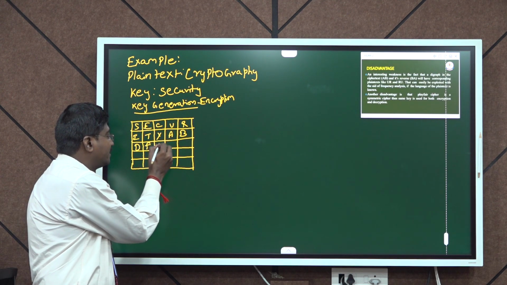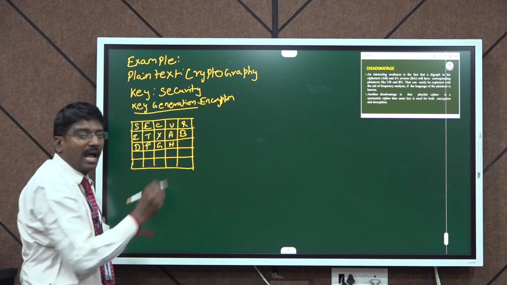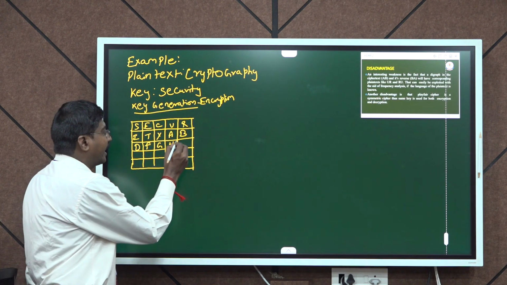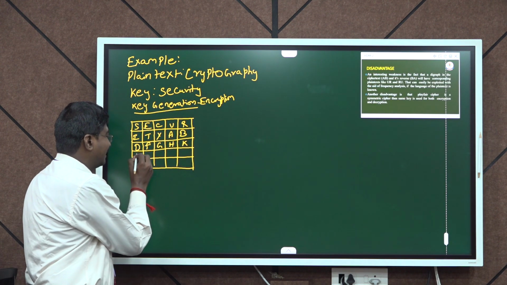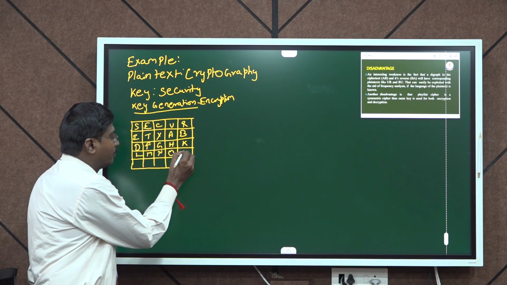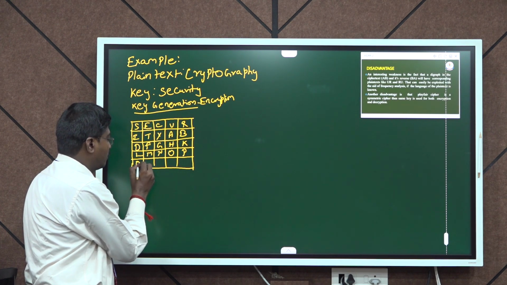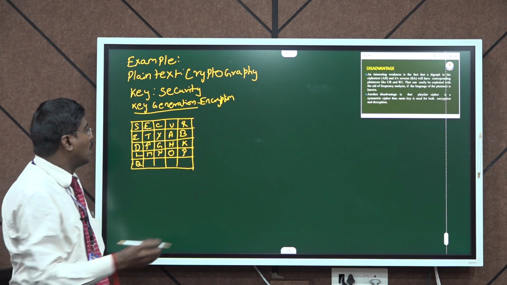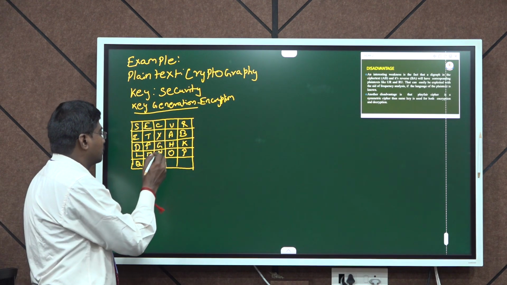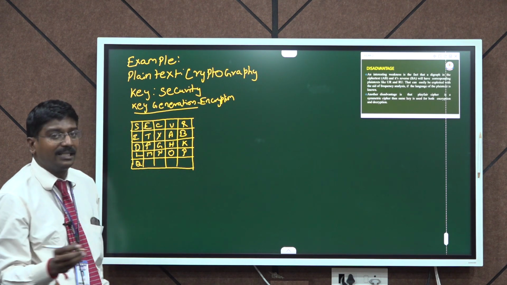F, G, H, then I and J share the same position, so we omit I and J. K, L, M, N, O, P, Q. R is already present, S is also already present in the key, and T is also already present.